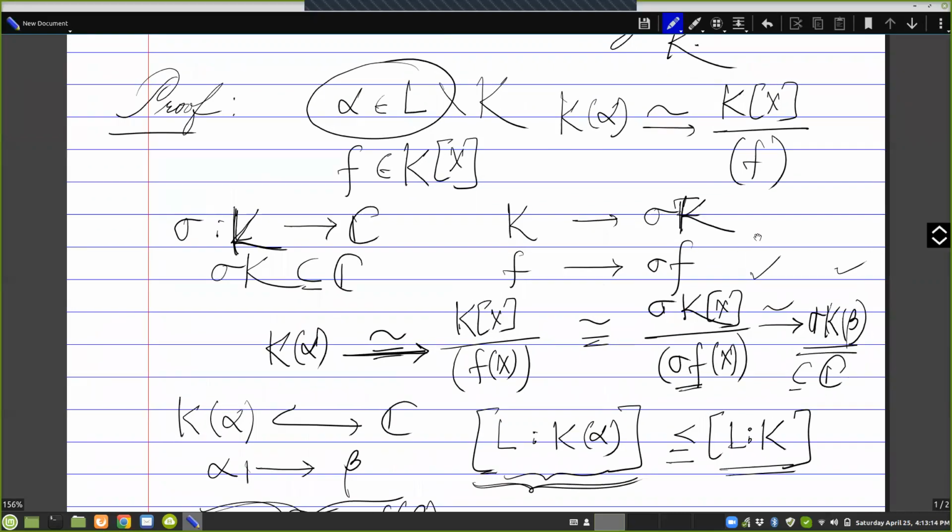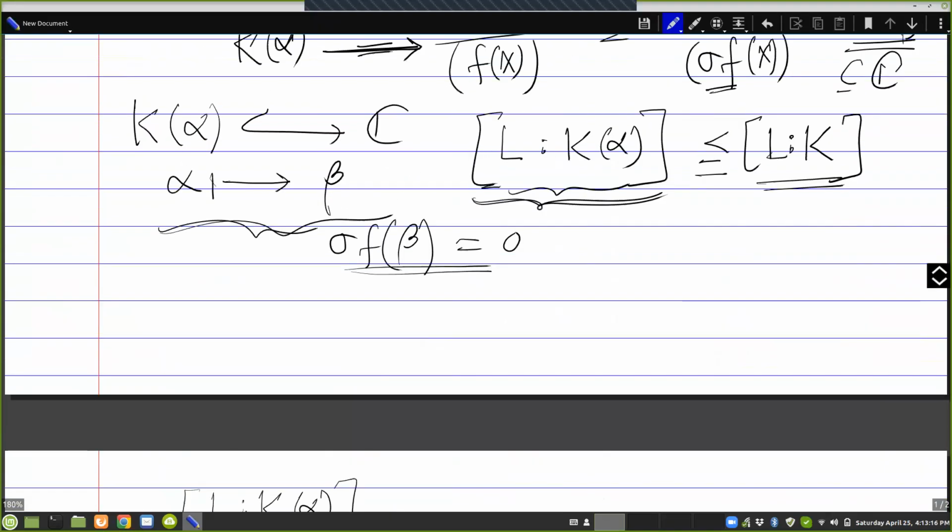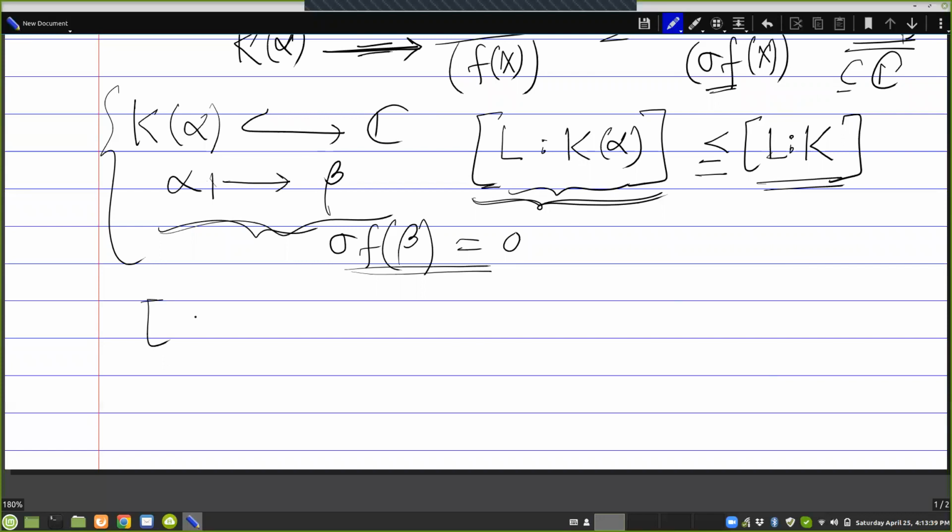So the upshot is the following: starting with an embedding sigma, we can extend the embedding sigma of k inside C in this many number of ways.